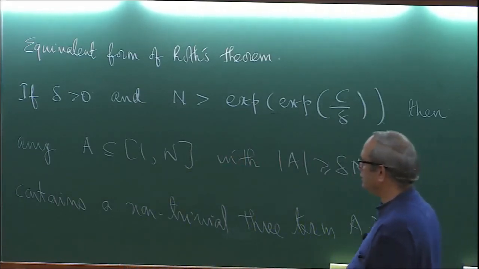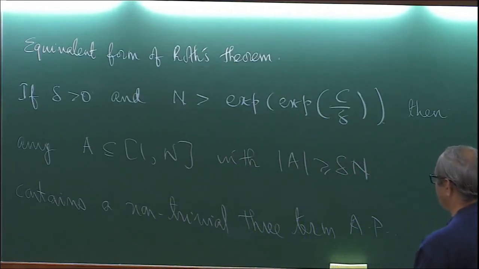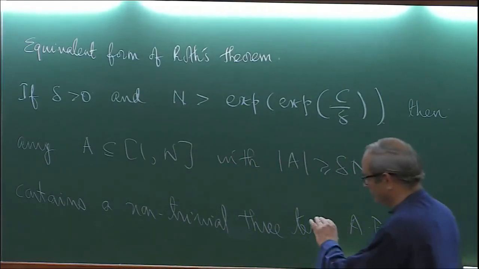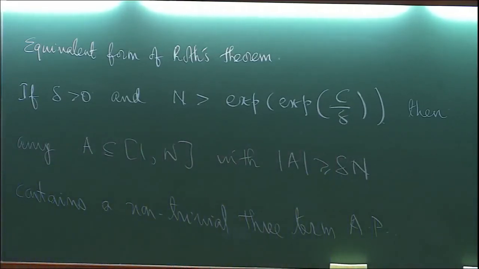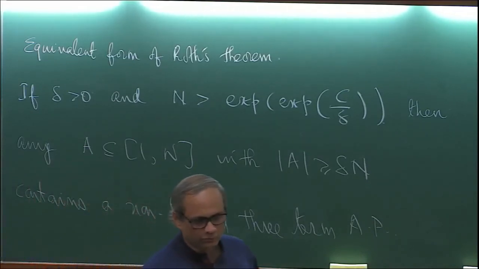So both these forms are useful, but the form in which we will prove Roth's theorem will be a weaker form than this. We will only show that if it doesn't contain non-trivial APs, then cardinality A by n goes to 0. I mean, for the largest of such sets, its cardinality by n goes to 0.